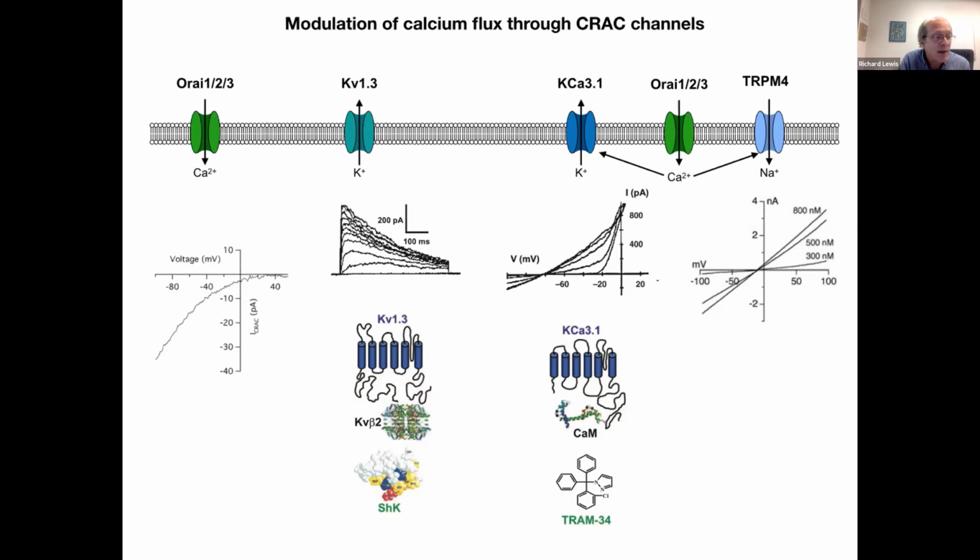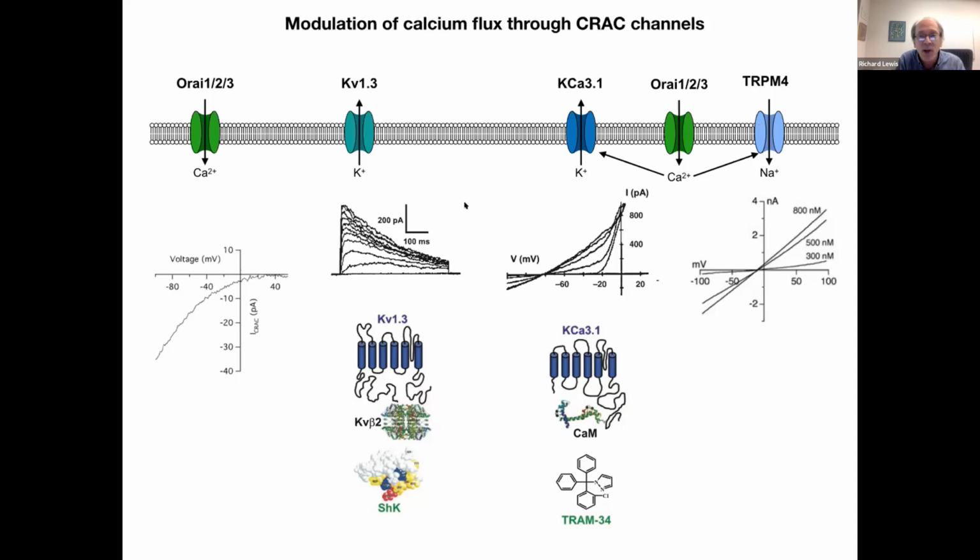Several channels can affect calcium entry by altering the driving force. KV1.3 and KCa3.1 channels enhance the driving force for entry by outward flow of potassium, while the TRPM4 channels, relatively non-selective, conduct inward flux of sodium and depolarize the cell to decrease the driving force for calcium. And this can be appreciated from the current-voltage relations of each of these channels.